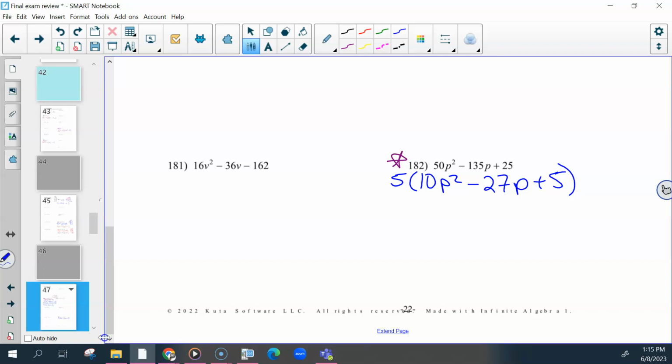Then multiply 10 and 5. We're looking for two numbers that multiply to be 50, but add or subtract to be negative 27. Negative 2, negative 25.